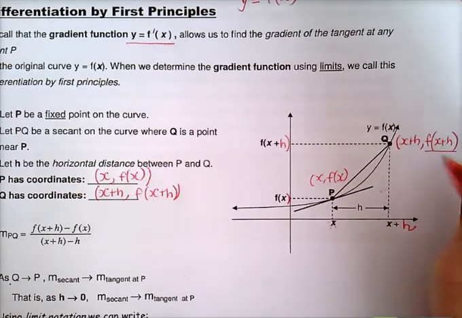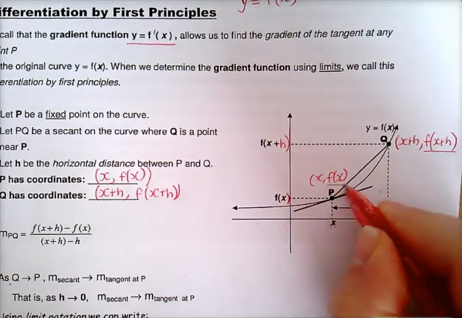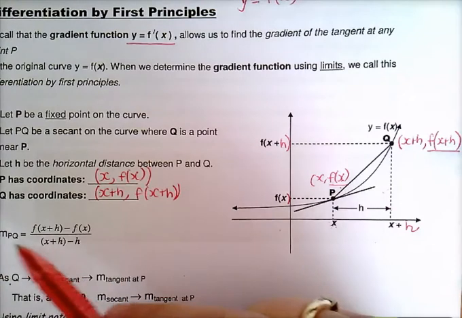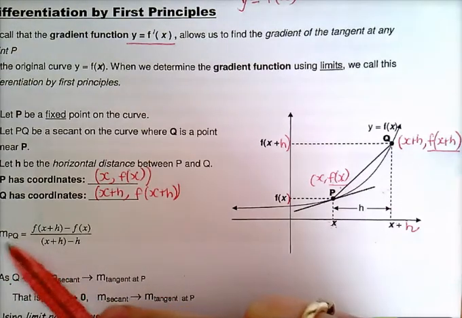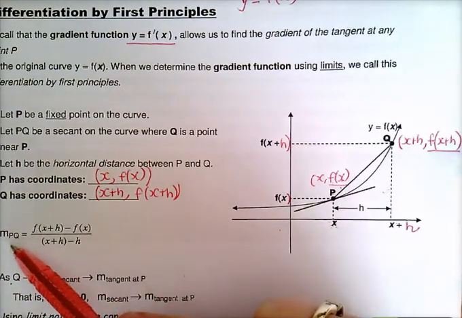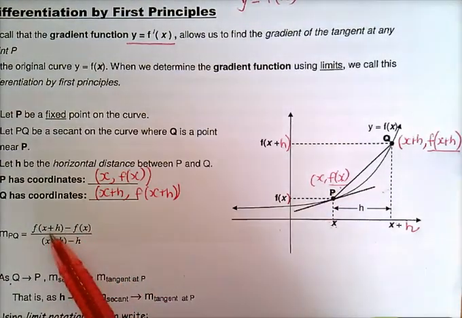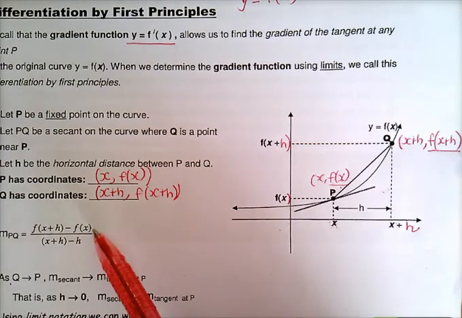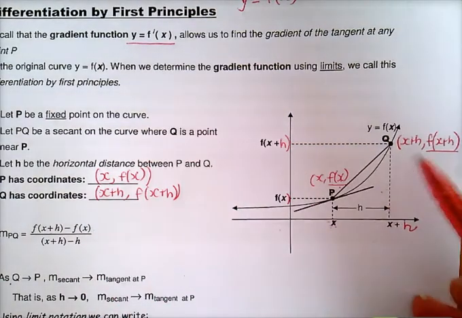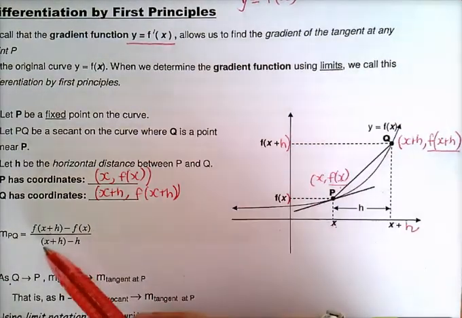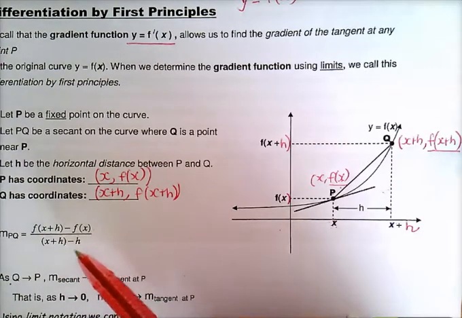And y2 is function of x plus h, and y1 is function of x. So the gradient of the secant PQ is y2, which is function of x plus h, minus y1, which is function of x, over x2 minus x1, which is x plus h minus x.